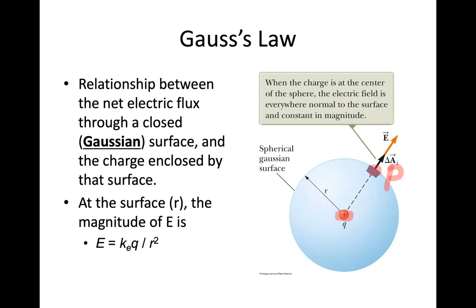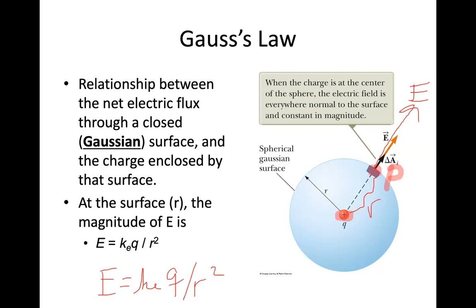One of the tools we can use is to say, okay, at point P, what would happen if I put a positive charge there? Well, it's going to go radially outward. So I know the electric field points in that direction. And if I know the R, I can find this by just doing KEQ over R squared, right?